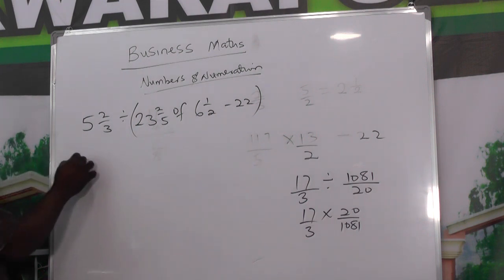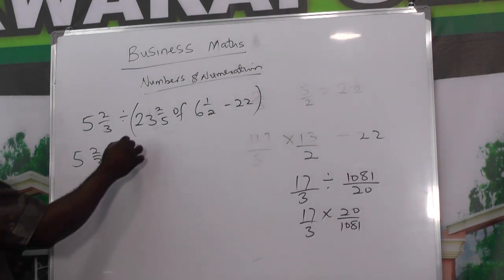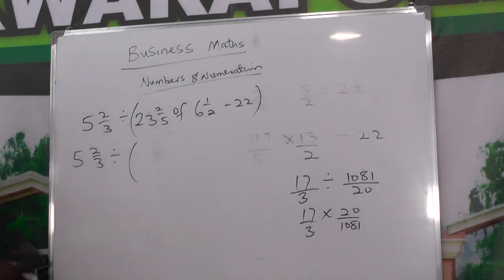So, I have 5 whole number 2 over 3 divided. Let's convert this to improper fraction. So, I say 3 multiplied by 5, which gives me 15. Then add 2 to it.